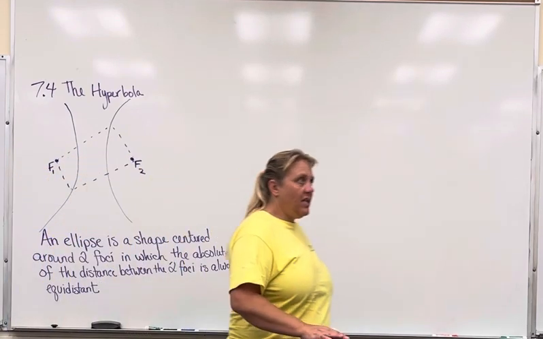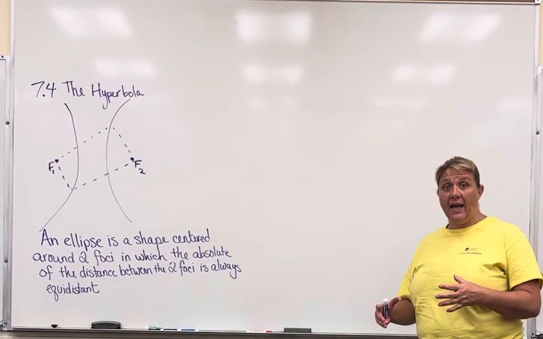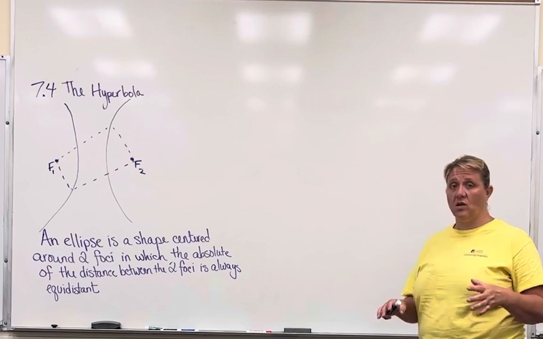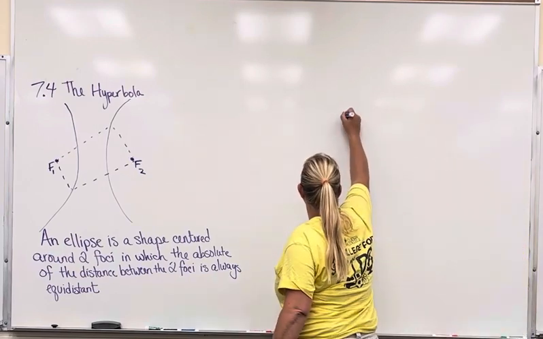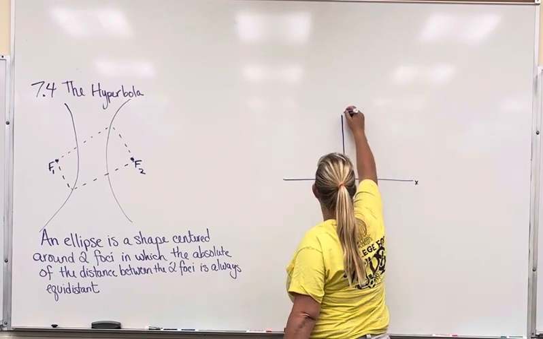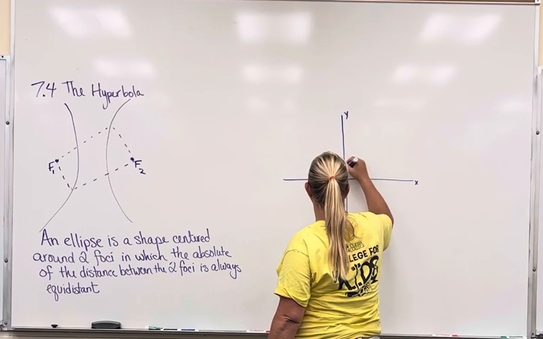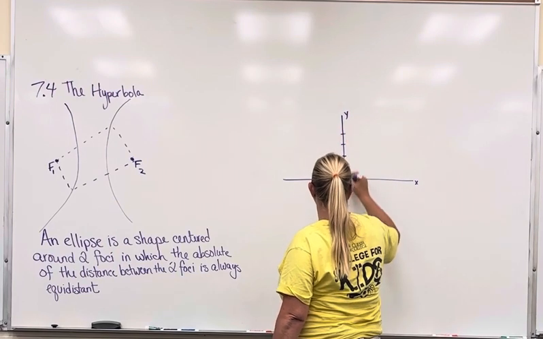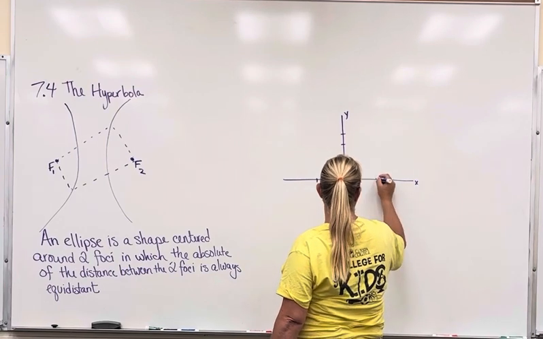So just like all of the other ones, this doesn't need to be on the XY graph, but because this one is so weird, we're gonna go immediately to the XY graph. So let me graph a hyperbola. And when we graph it, I'm just gonna go with a real basic one, centered right at the origin, just to make our life easier.